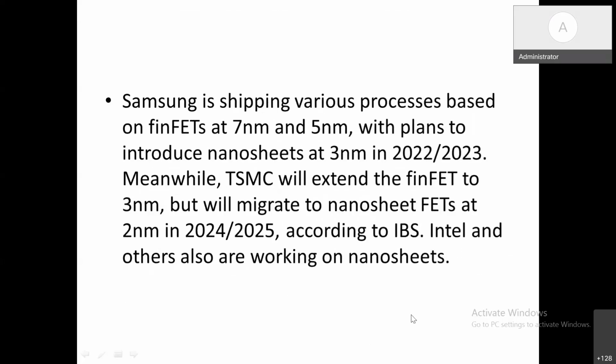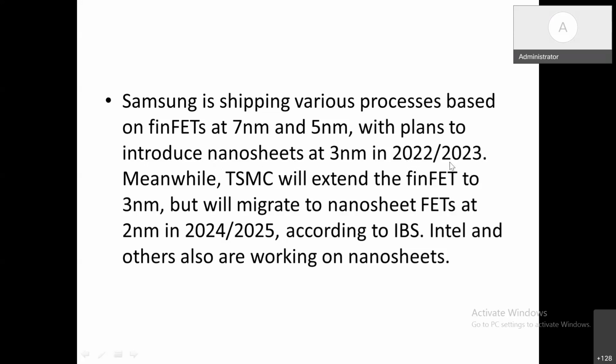If I look at the companies coming out with 3 nanometer and 2 nanometer: Samsung has already come out with 7 nanometer and 5 nanometer, but they are currently introducing nanosheets at 3 nanometer.